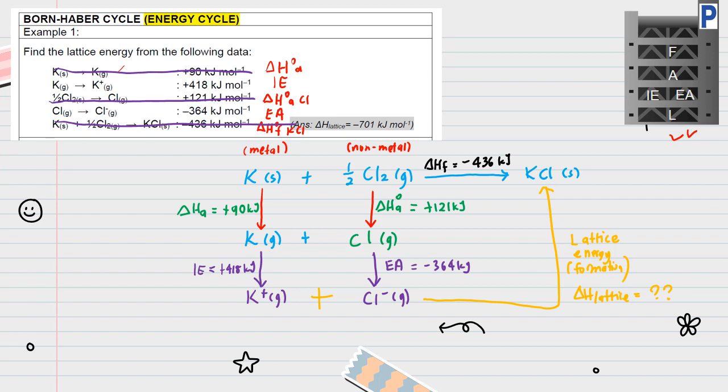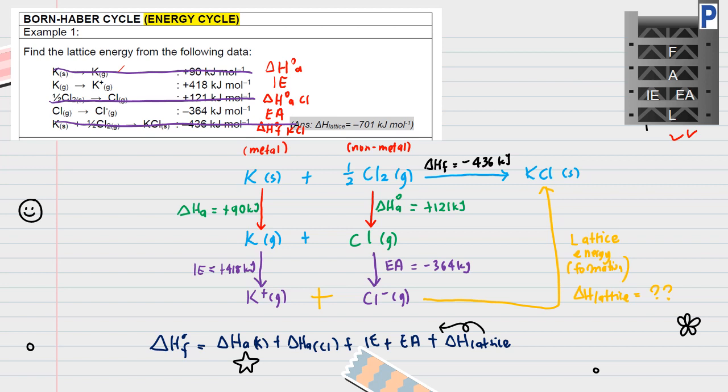So macam mana kita nak cari? So cara kita nak cari the same thing juga macam kita buat sebelum ni, dia punya calculation. Kita buatlah delta H formation equal to hasil tambah delta H atomization of K plus dengan delta H atomization of Cl plus dengan IE plus dengan EA plus dengan delta H lattice. Then so kita isilah nilai dia.